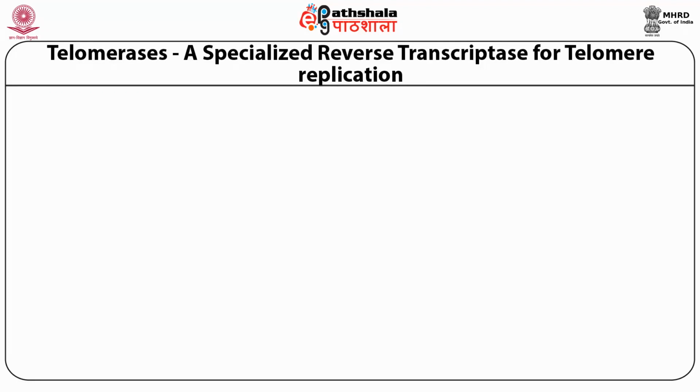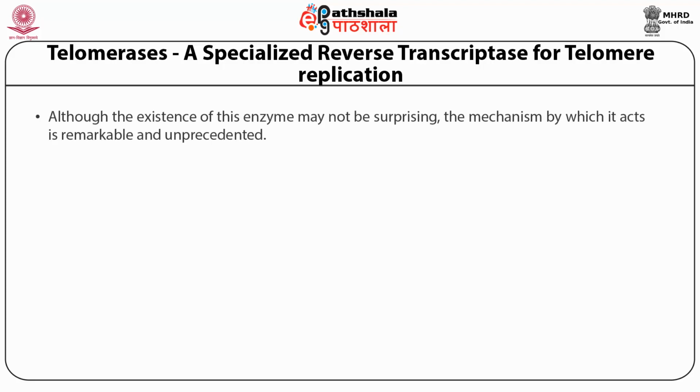Telomerases. They are a specialized reverse transcriptase enzyme which are involved in replication of the telomere found in eukaryotic cells. Although the existence of this enzyme may not be surprising, the mechanism by which it acts is remarkable and unprecedented. It contains both RNA and protein components.